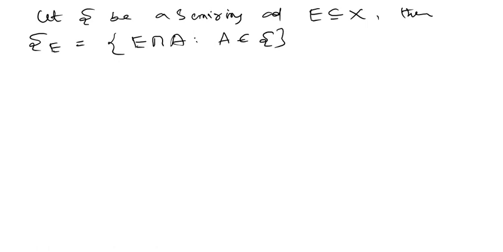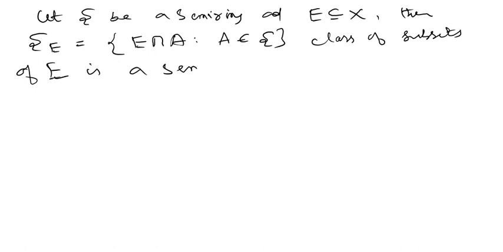Then this S_E is a class of subsets of E, these are subsets of E, and it is a semi-ring. You can easily verify the properties of a semi-ring.